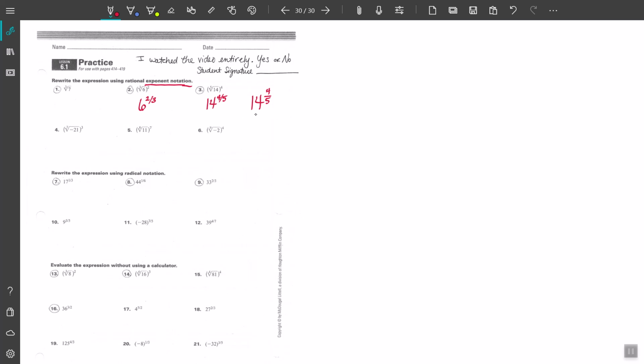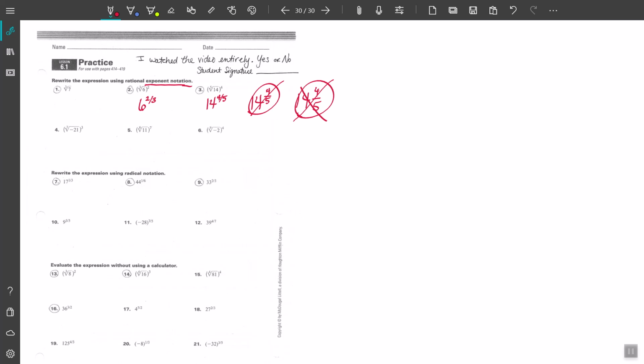If you write it the other way, it can easily be mistaken as the number 14 with a fraction 4/5 next to it. So it's just a little bit clearer to write it this way. So try to practice not writing it the other way so we don't end up with confusion on your part when you're doing your homework and then on my part when I'm checking your work.